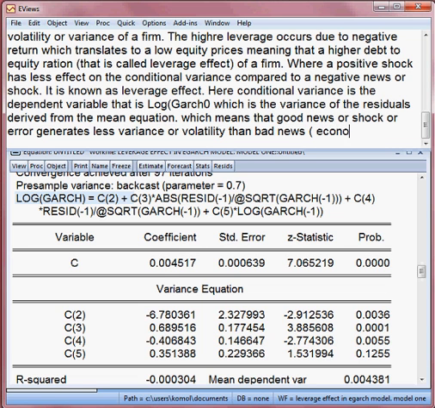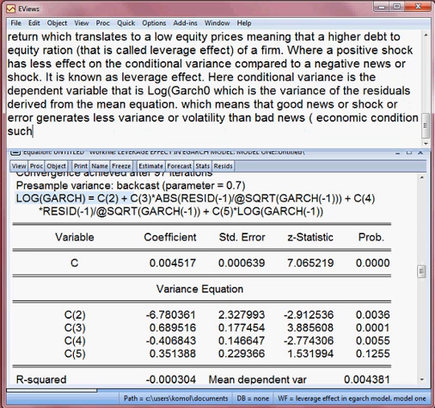And what is bad news here? That is economic conditions such as unemployment and inflation.